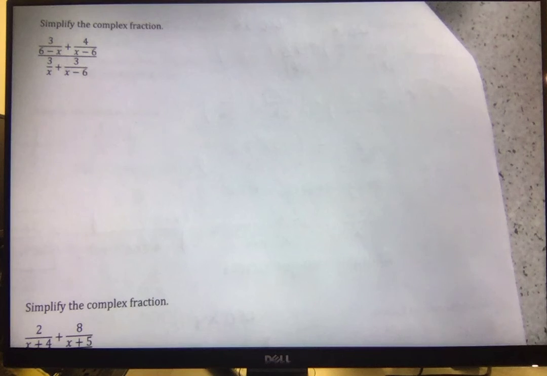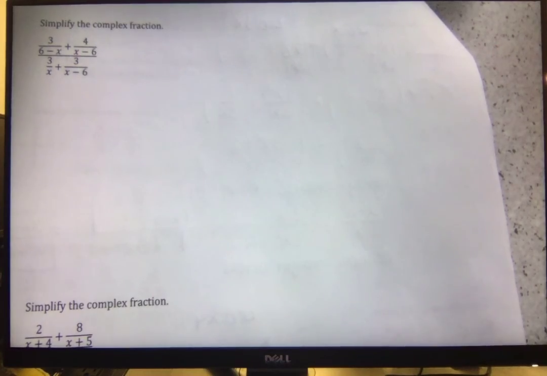All right, so simplifying the complex fraction. Let's focus. We have 3 over 6 minus x plus 4 over x minus 6, all over 3 over x plus 3 over x minus 6.